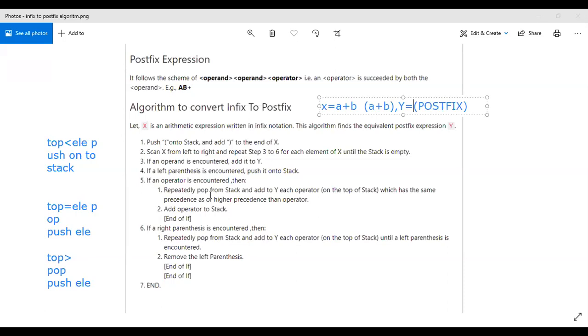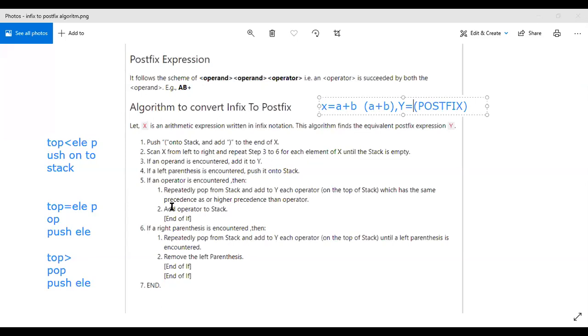If an operator is encountered, then repeatedly pop from the stack and add to Y each operator which has the same or higher precedence than the scanned operator. Whenever I encounter an operator with lower precedence than the one on the stack, all the higher precedence operators in the stack should be popped and added to the postfix expression Y.